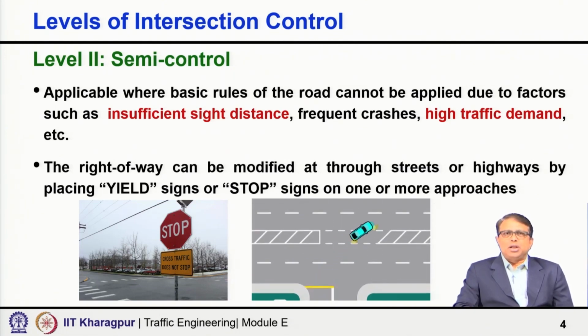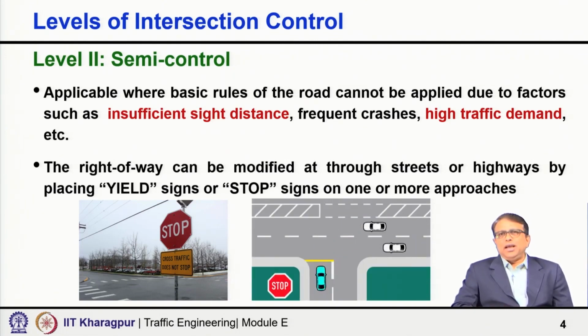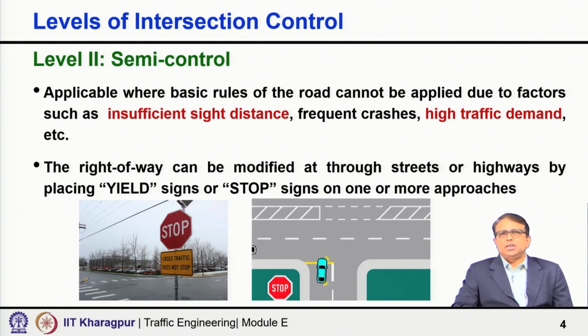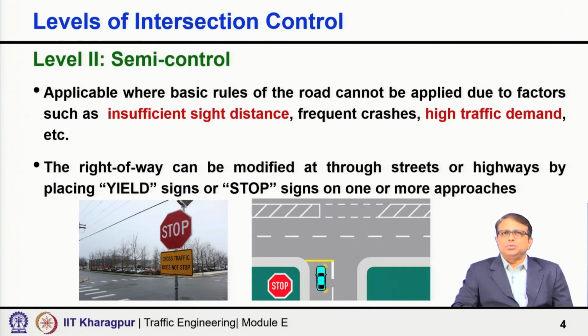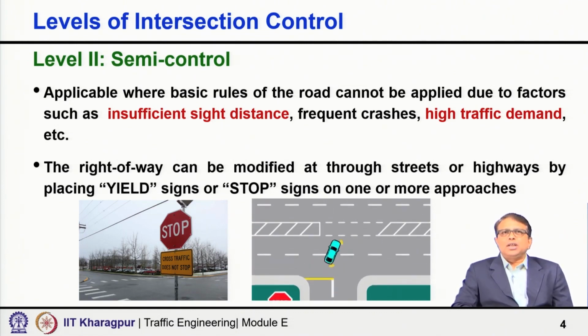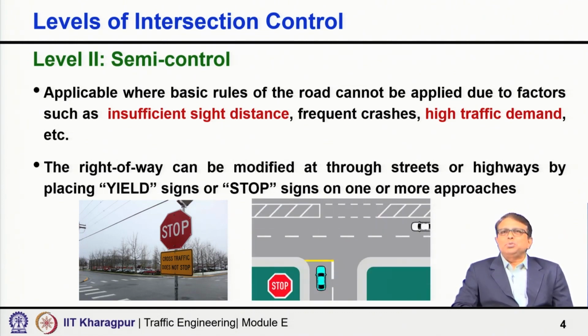Say for example, we left operations of the intersection with basic rules of the road, but then we may find that maybe the required side triangle is not available.